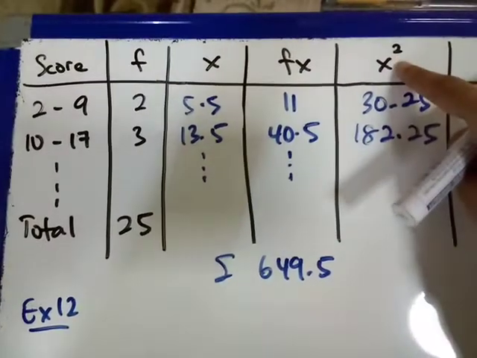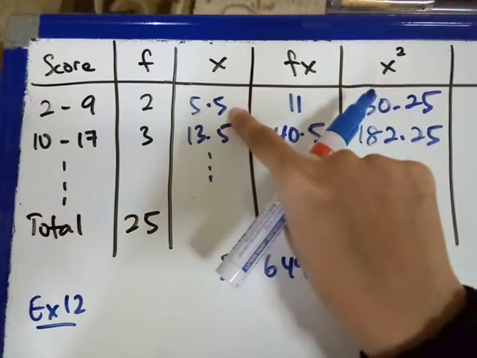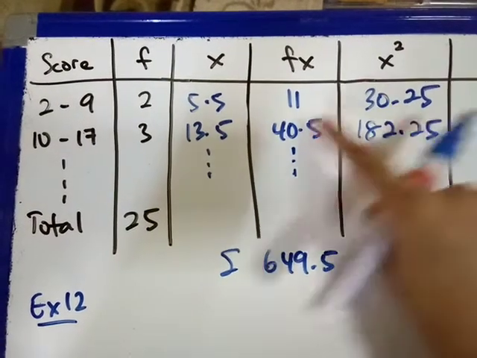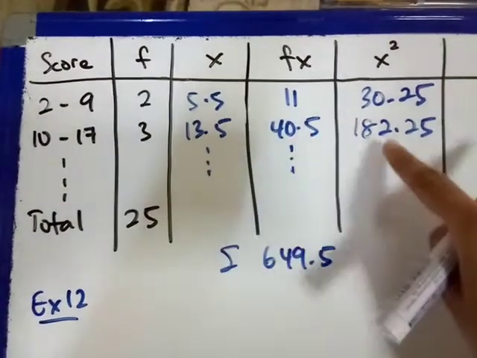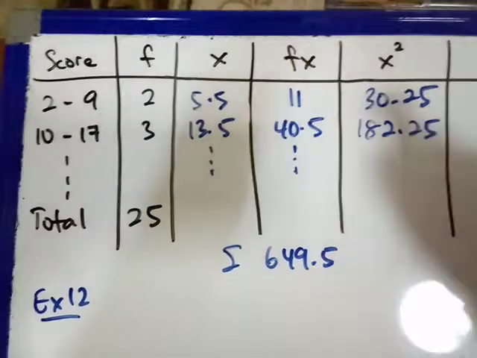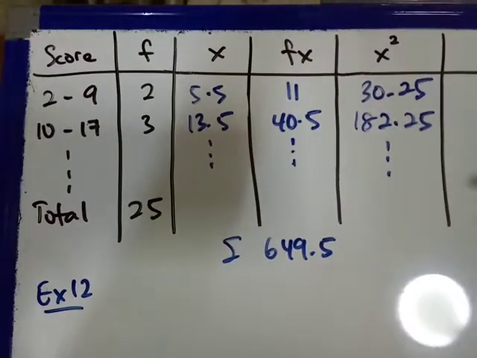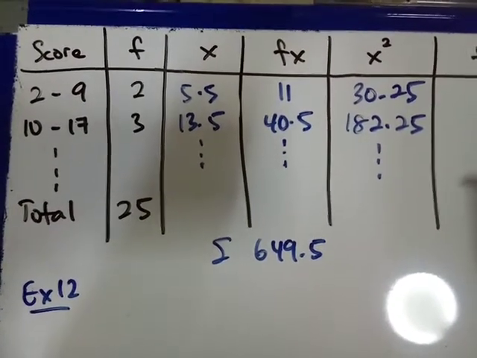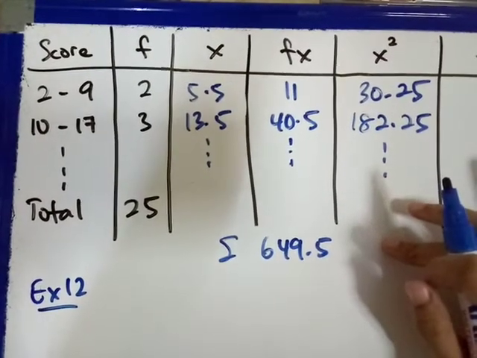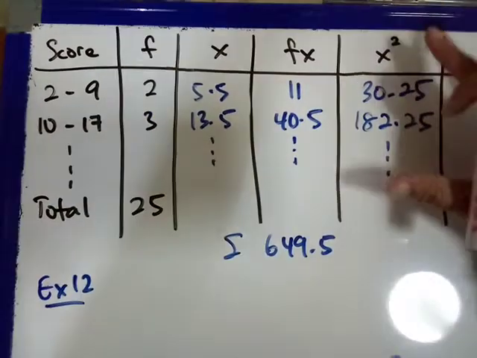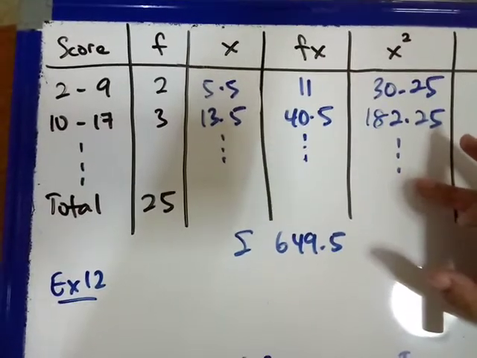For x, you square it: 5.5 squared gives 30.25, 13.5 squared gives 182.25, and so on for the other classes. There is no need to find the total here. Just square each value of the midpoint.